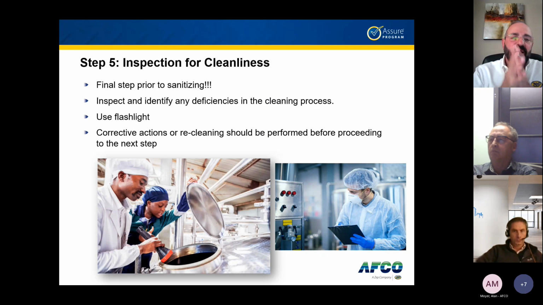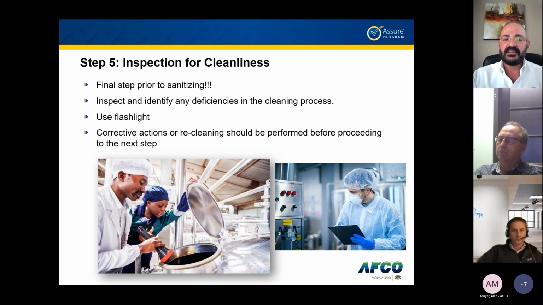First, we inspect. We inspect the equipment for cleanliness, the final step before sanitizing, to identify any deficiencies in the cleaning process. Make sure everything is clean. Use a flashlight. Look like this guy in the picture there, making sure there are no food residues inside the tanks or on the surfaces. And if everything is okay, we'll continue with the next step.